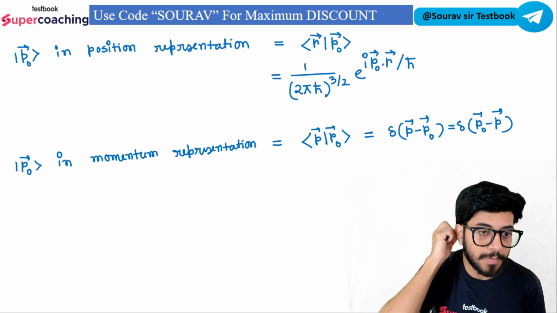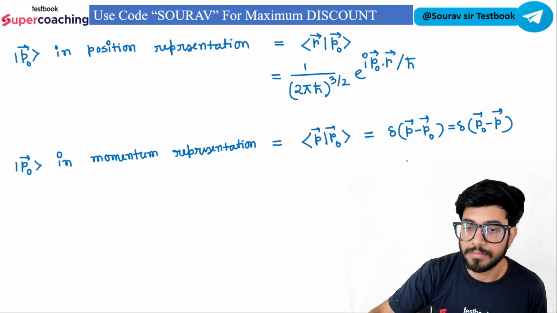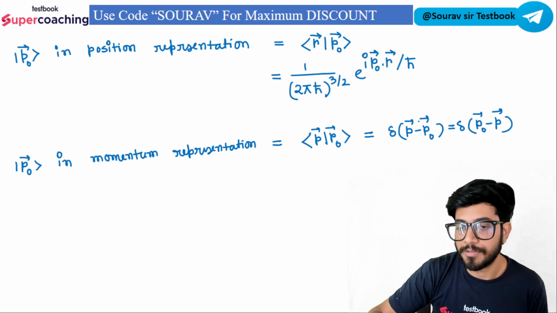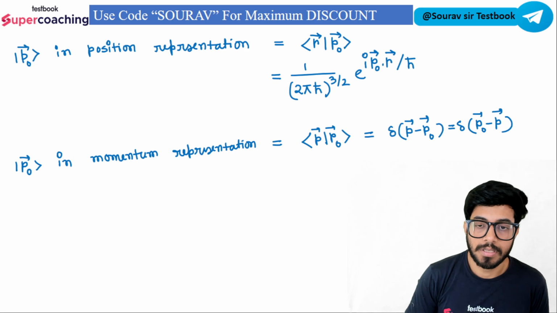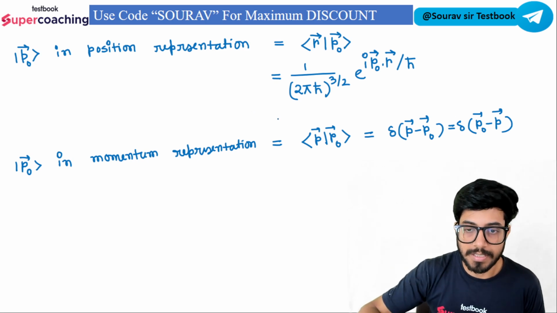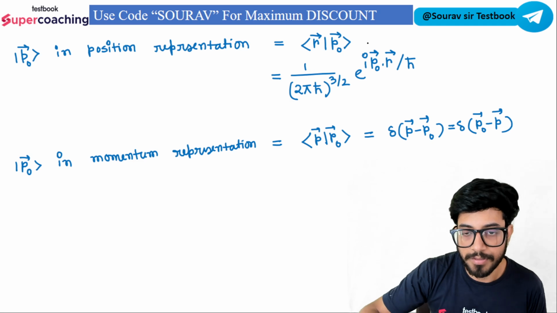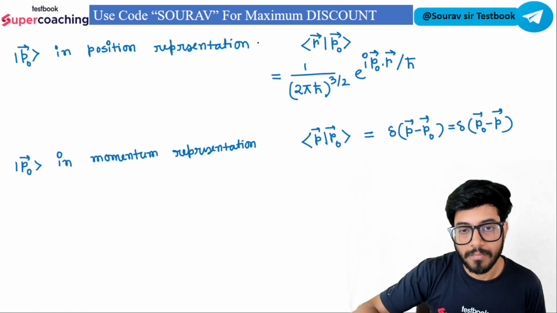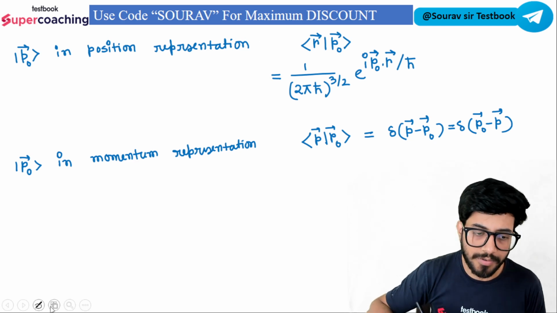Function of R with eigenvalue P naught. It's a function of P with eigenvalue P naught. You can do the representation this way. If you want, you can write it as a function of, or rather it's better if you don't write it in that way. Just name it like this.